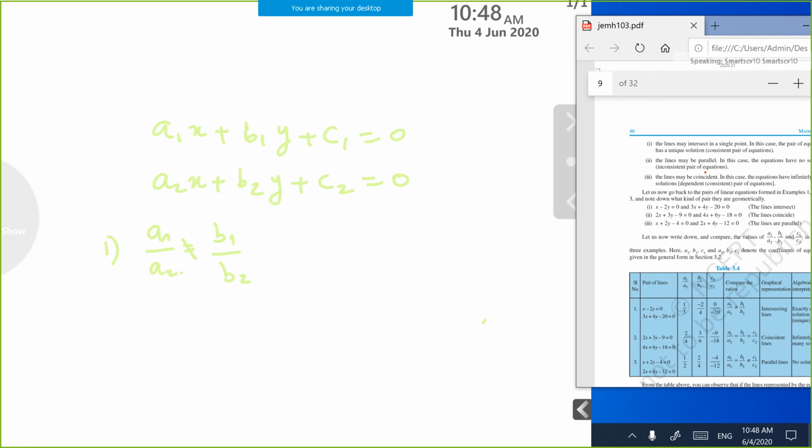Clear? Then it has exactly one solution, a unique solution. That means it is consistent.